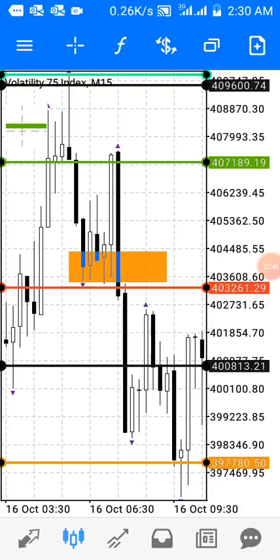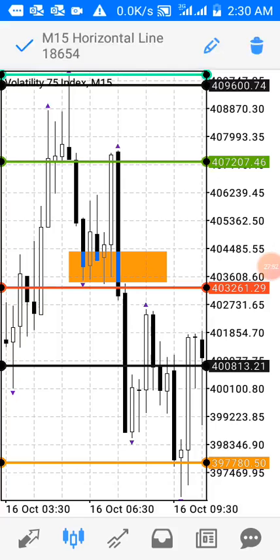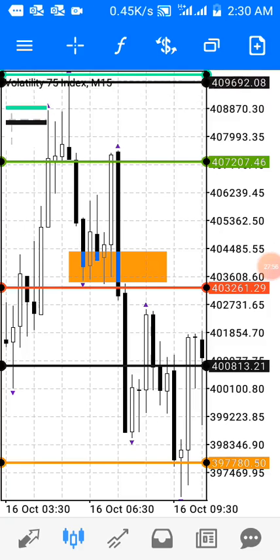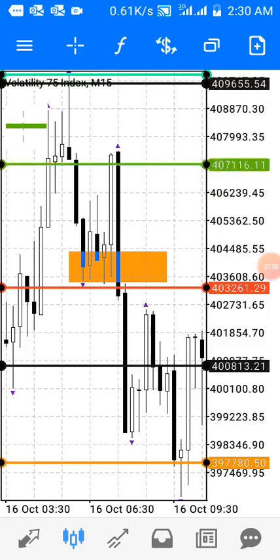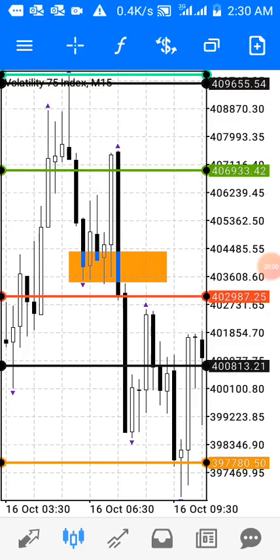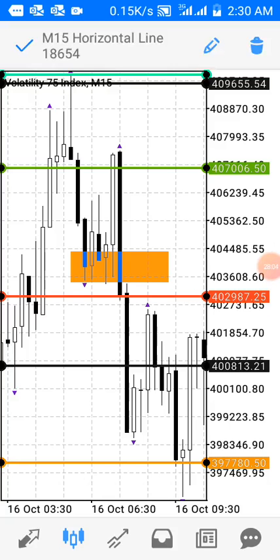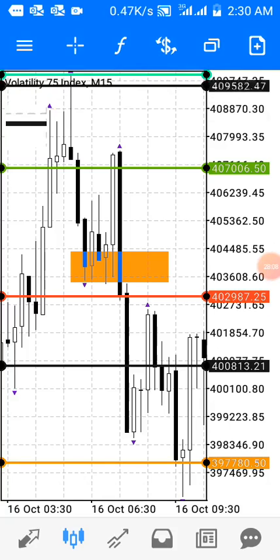Now I set take profit for my hedge trade, 2,500 points. Don't forget the distance between this sell and this first hedge trade is 4,000 points. So I set another 2,500 points for my hedge trade.